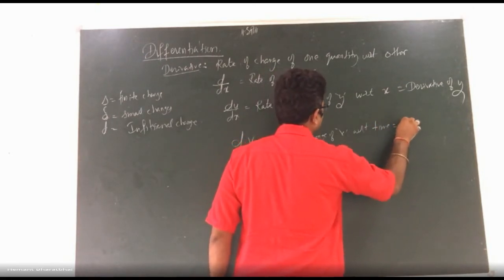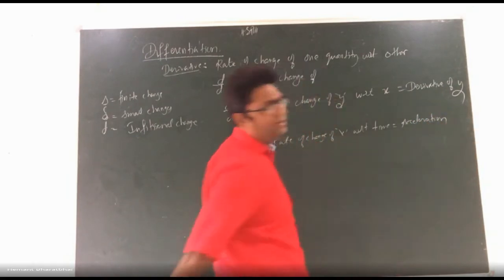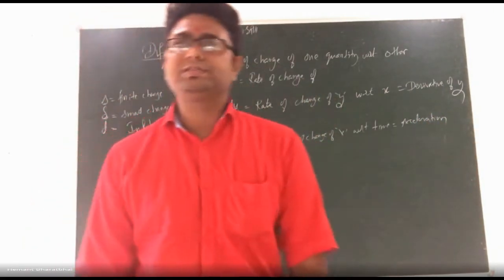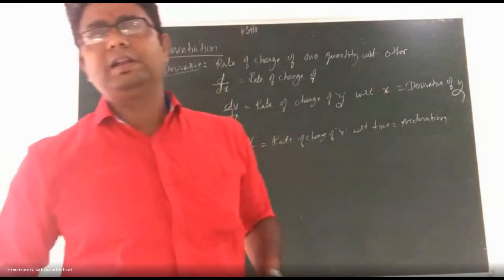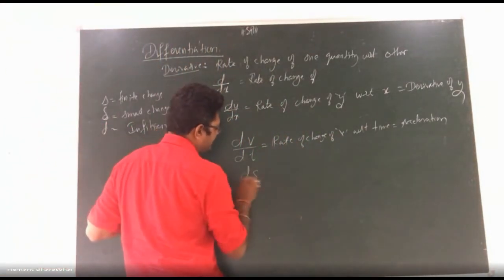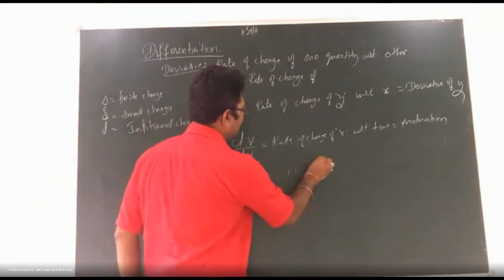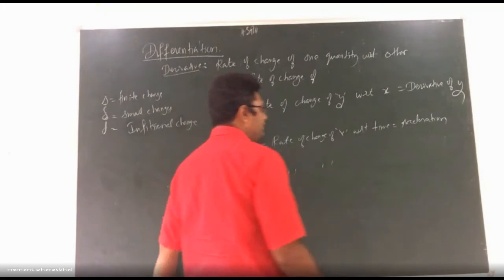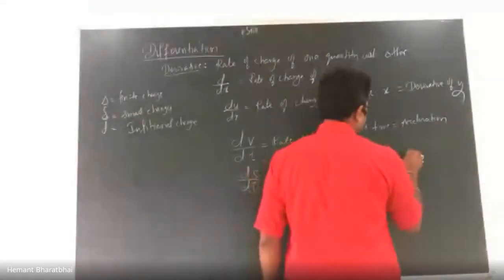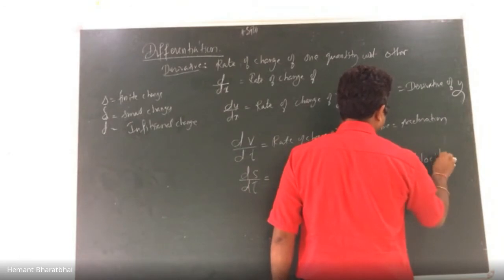And we know by definition it is nothing but acceleration. So when you apply this mathematics in physics, you start getting the things which are around you. Similarly, if I write ds by dt, where s is displacement, it will be read as rate of change of displacement with respect to time. We know that it gives us velocity.